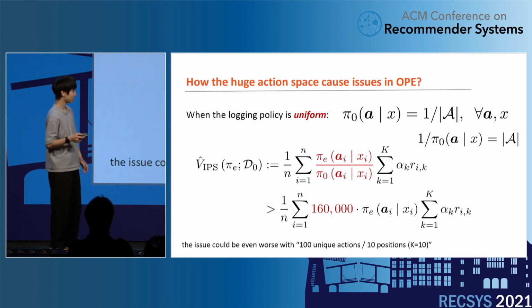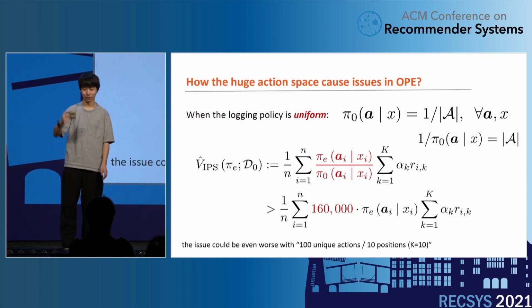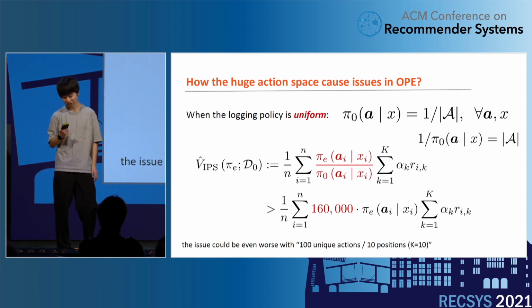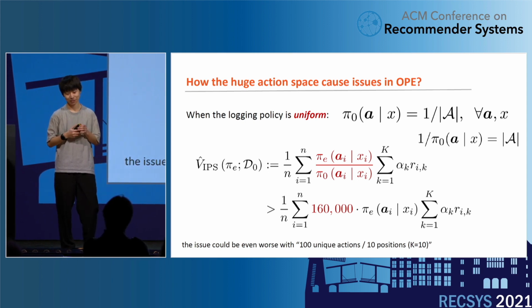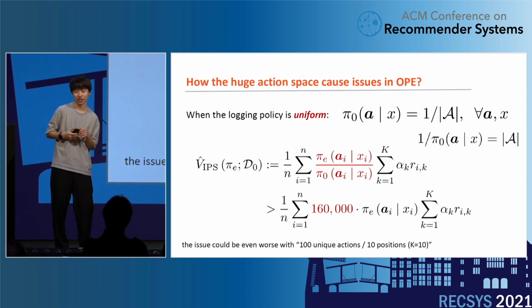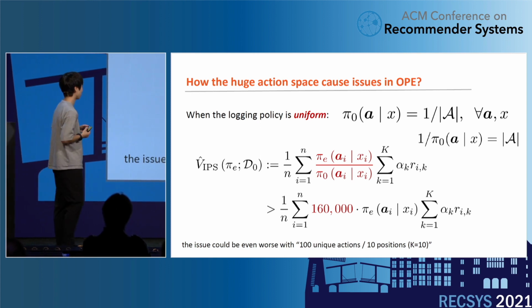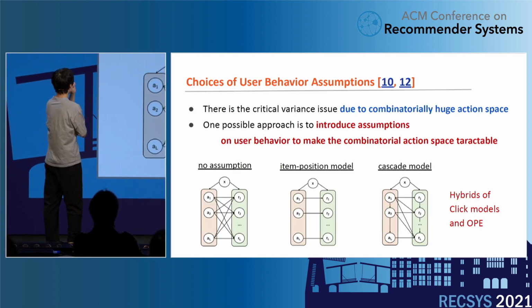So this is the source of huge, unbelievably large variance of the IPS. This makes the IPS a totally useless estimator in the combinatorial action setting, even if it is unbiased and consistent. That's the problem. Okay, so there's a critical variance issue.